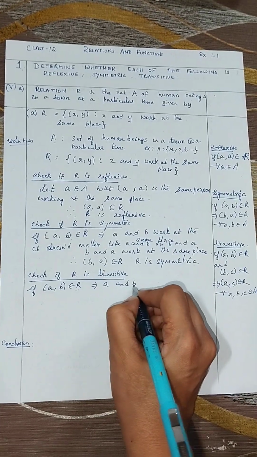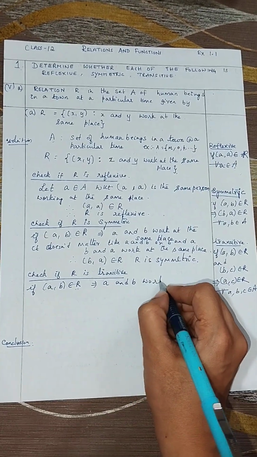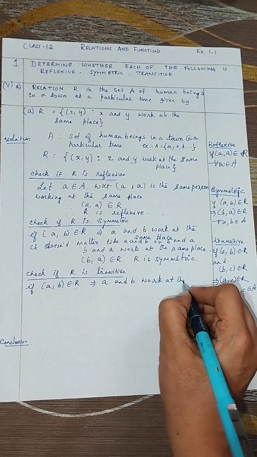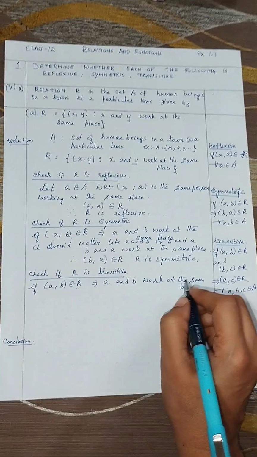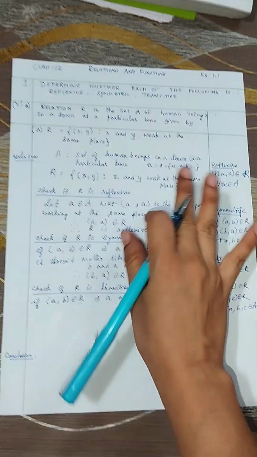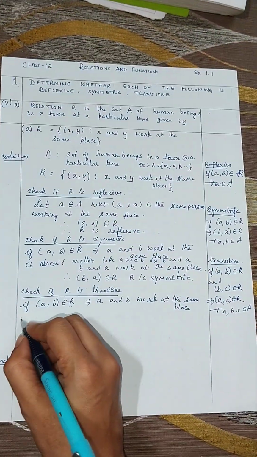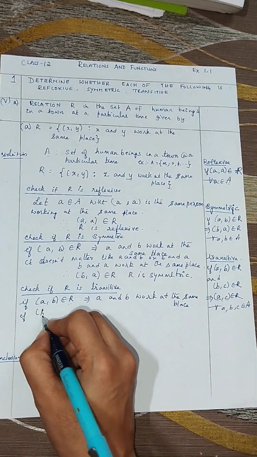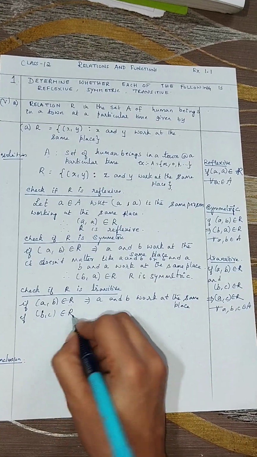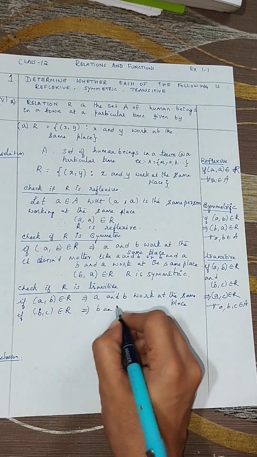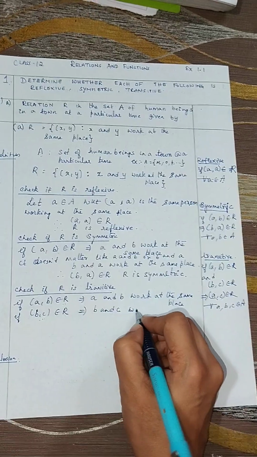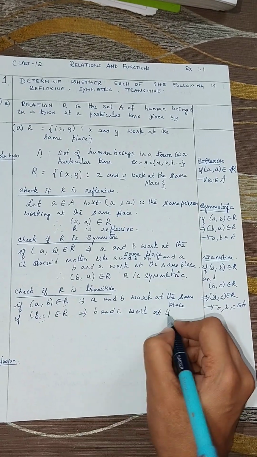That a and b work at the same place, obviously, right? If they belong to R, they have to work at the same place. Now another if part is (b, c) belongs to R implies, if they belong to R, obviously b and c work at the same place.